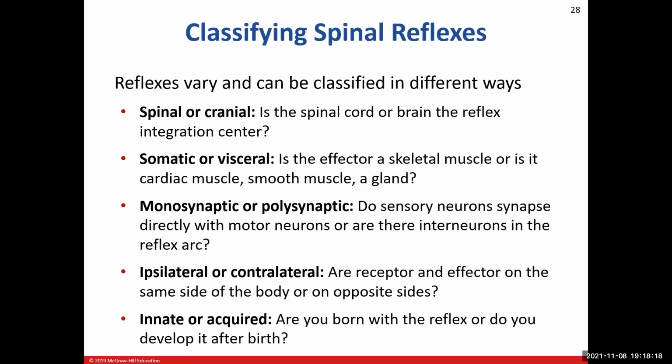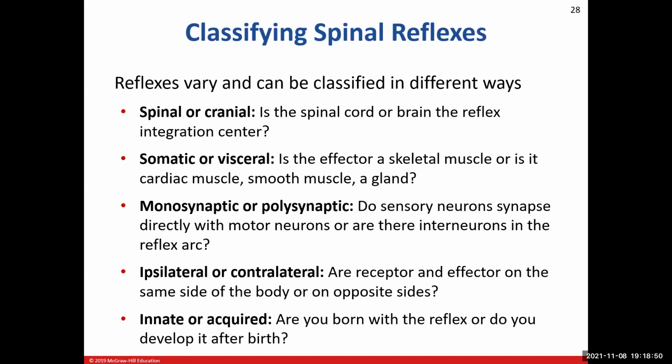All right. So when we're talking about reflexes, we're going to classify some of our reflexes. And here's a couple different classifications. All right, real simple. If it's a spinal reflex, that means that the spinal cord is involved with the reflex. That's our control center. If it is a cranial reflex, that means the brain is going to be the control center or our integration center. Somatic versus visceral has to do with the effector.